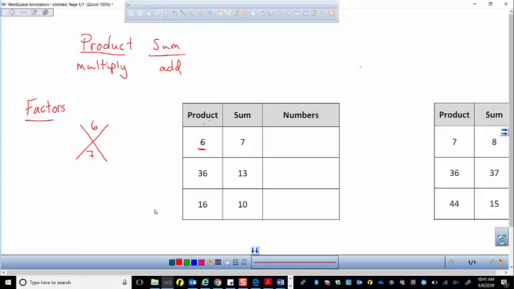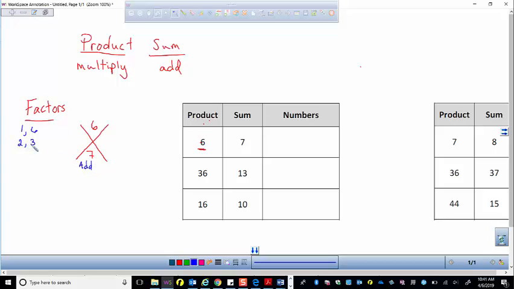So I want to find two numbers that when I multiply them together, they equal 6. Well, my factors for 6 are 1 times 6 and 2 times 3. Those are the numbers I can use to get 6 when I multiply. So 1 times 6 is 6, 2 times 3 is 6. Then for this one, I want those numbers to add to 7.